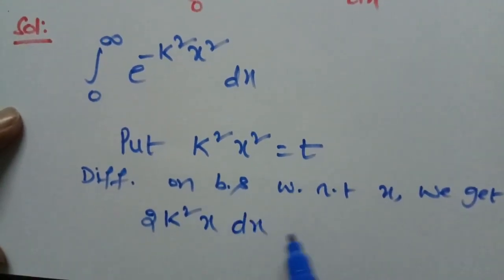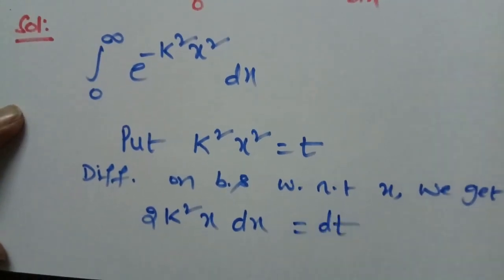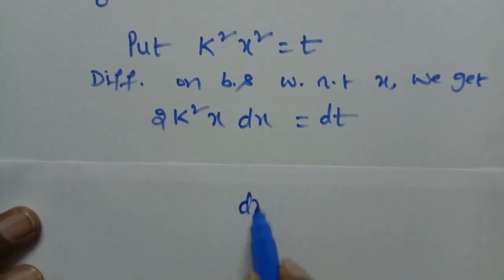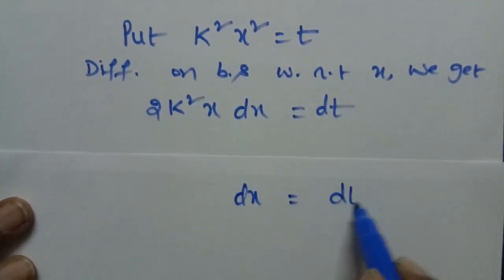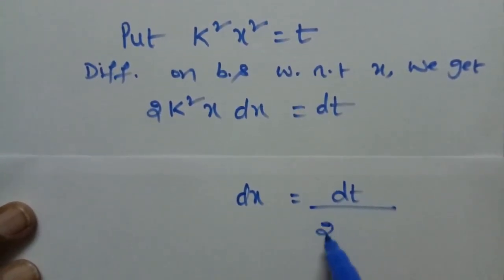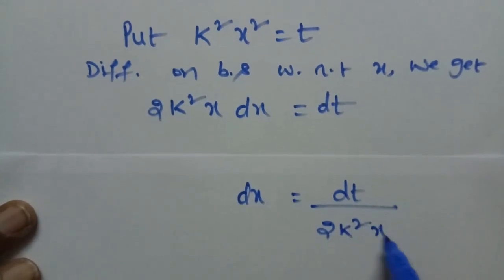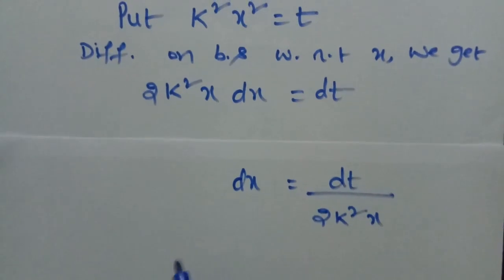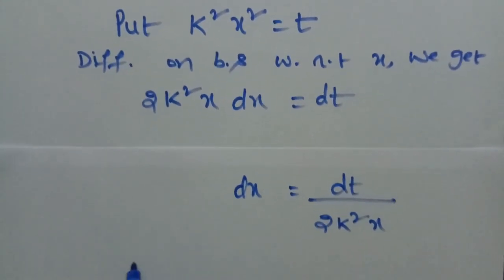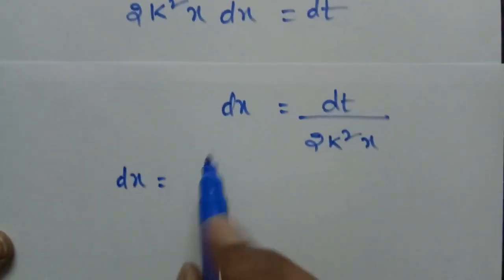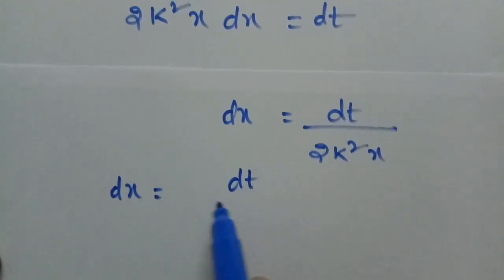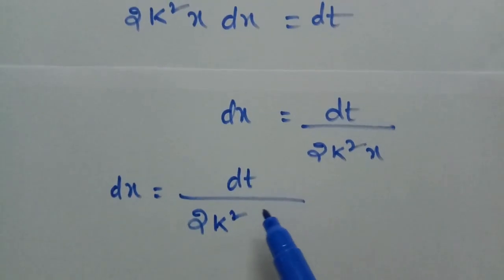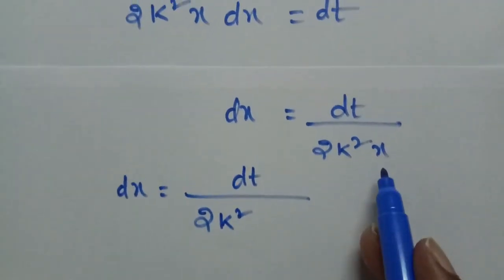By cross multiplication this is equal to dt. Therefore dx is equal to dt by 2k square into x by cross multiplication. Therefore now dx is equal to dt by 2 into k square into x.